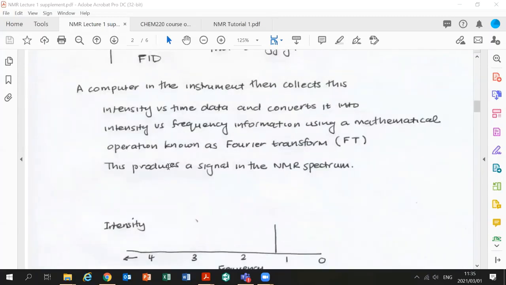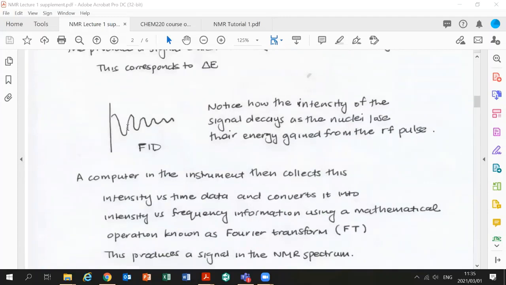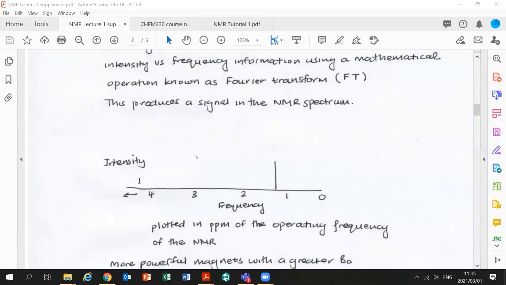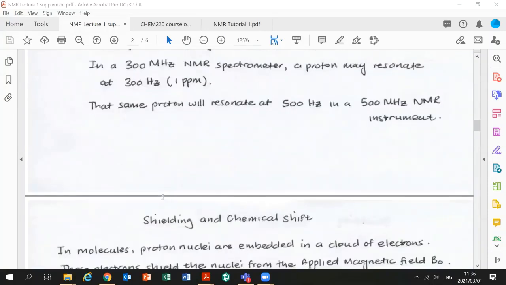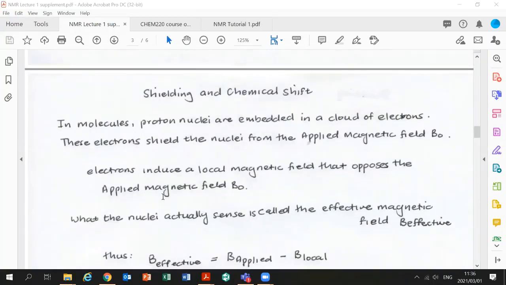So can you see, as the energy changes with the different protons, we're going to get different amounts of energy. We can see different signals in this particular spectrum. And that's why we can get peaks throughout the spectrum and not just one peak at one possible time. Good, so I hope that clears it up for you.